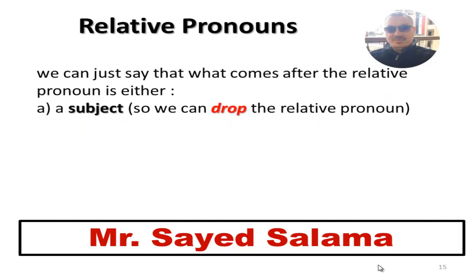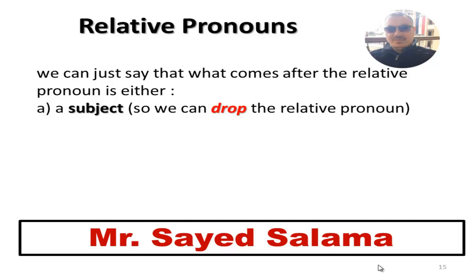What comes after a relative pronoun is either a subject or a verb. So we can omit the relative pronoun if it is followed by a subject.